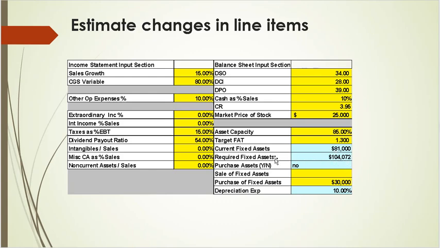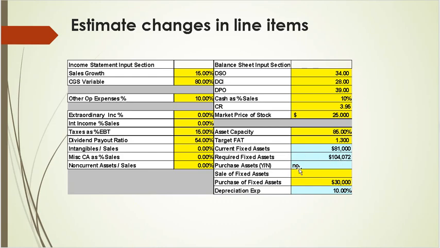So by definition here, we need to purchase more assets. And you can see that that's roughly, let's say, $20,000. So what I've done here is I've input an asset purchase. We're going to purchase $30,000. So 81,000 plus 30,000 is going to give us 111,000, which is more than 104.